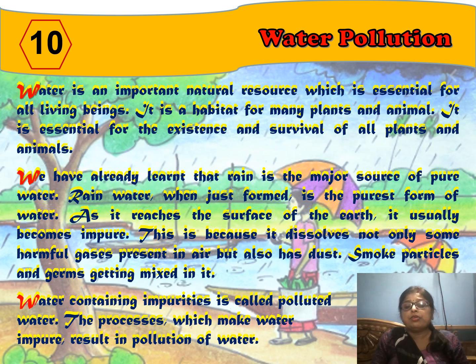And when it reaches the earth, dust, sand, particles and germs all get mixed with it, which makes the water impure, and that impure water can't be used directly. So water containing impurities is called polluted water. When water is mixed with some impure substance, it becomes polluted. The process by which water becomes impure results in water pollution.